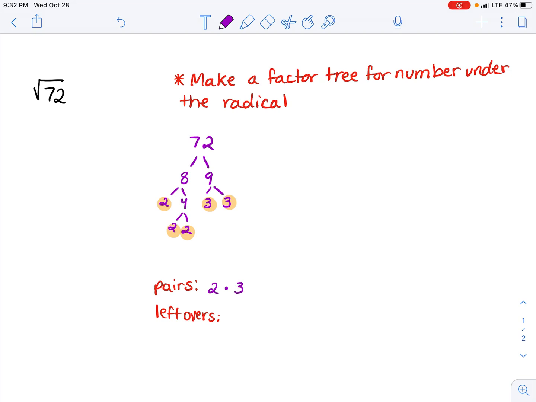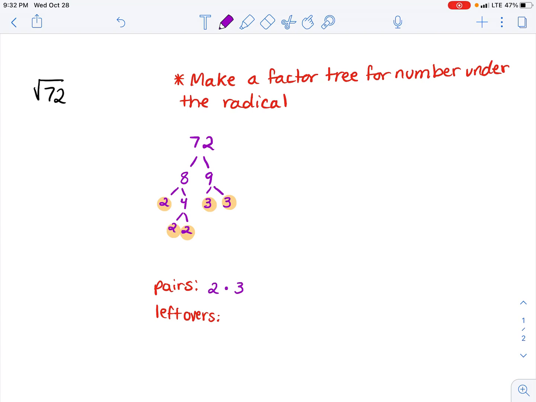Instead of writing 2, 3, what I'm going to do is write 2 times 3, because what I do with my pairs is I multiply them together. Or it's the same thing as if I have more than just one leftover, I multiply them together. It's the same thing with if I have more than one pair, I multiply them together.